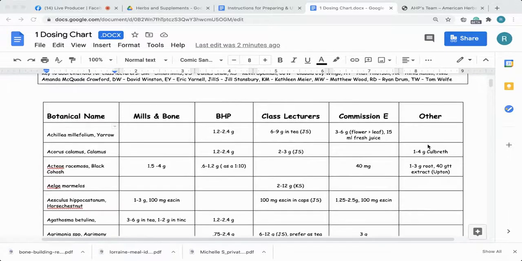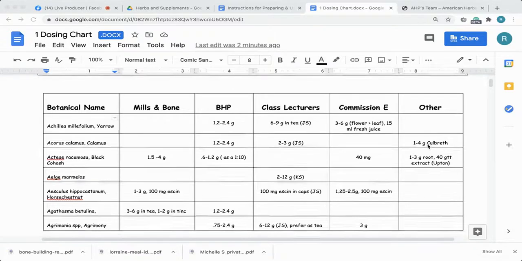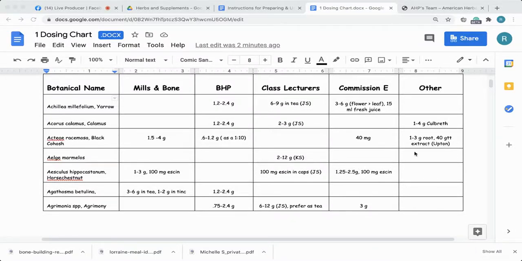And the other column, I would say that's a combination of traditional literature from the 1900s. We have some references to Roy Upton, who runs the American Herbal Pharmacopoeia. He does monographs on plants that are quite extensively researched. So those are the 5 columns giving some different dosing recommendations.